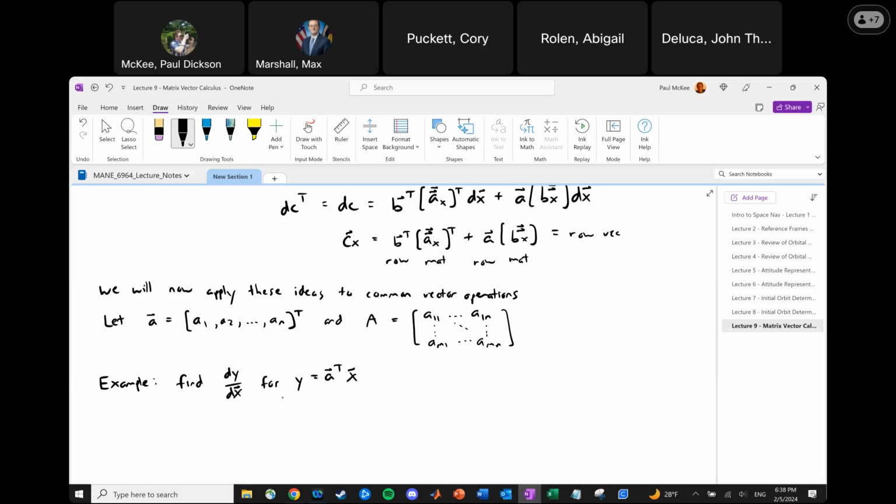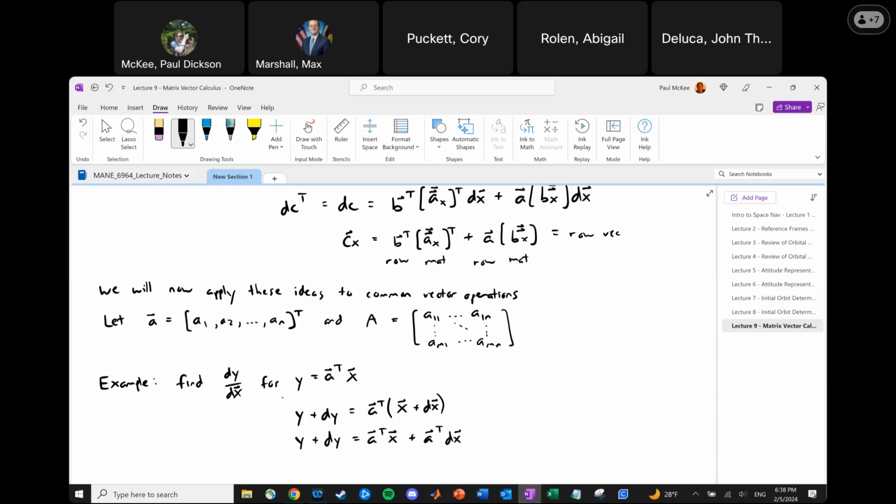Okay, so we can think of it this way. y, which is a scalar, plus some differential element in y is equal to a transpose times x plus some differential element of x. But this is the same thing as saying y plus dy is equal to a transpose x plus a transpose dx.